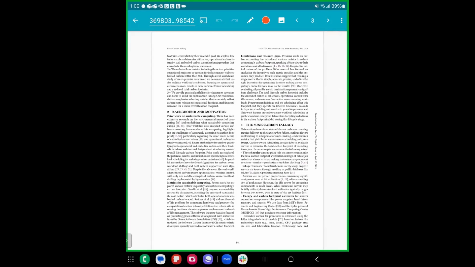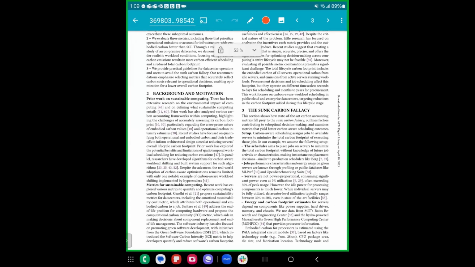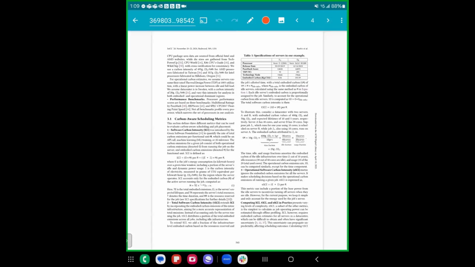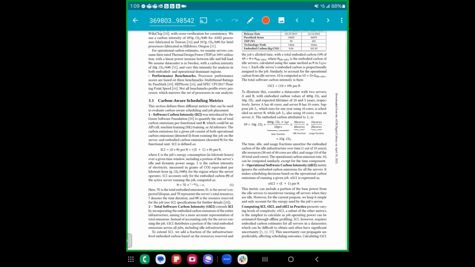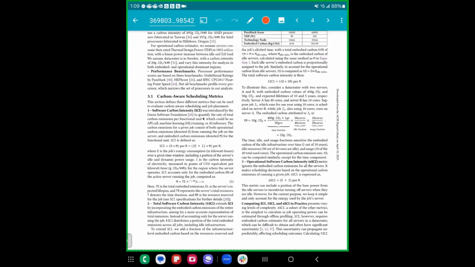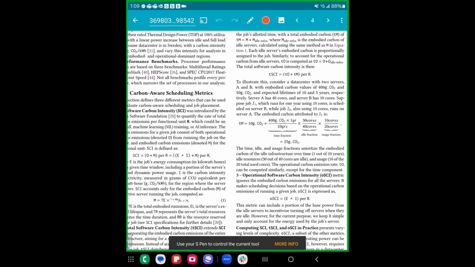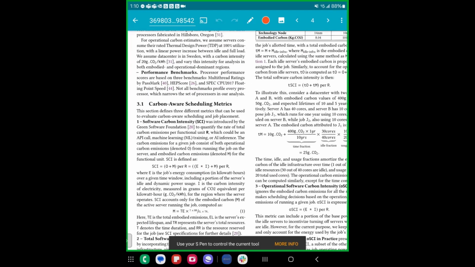And so this paper argues that traditionally, if you want to account for carbon footprint and schedule your work in data centers in such a way as to minimize the task's carbon footprint, the traditional ways account for the manufacturing carbon footprint of the CPU. They specifically call out this metric called SCI, the software carbon intensity.